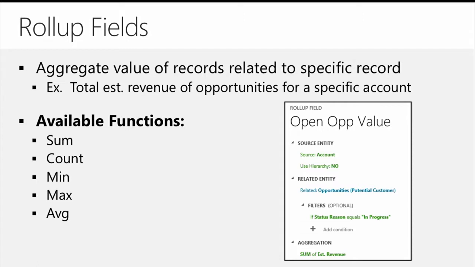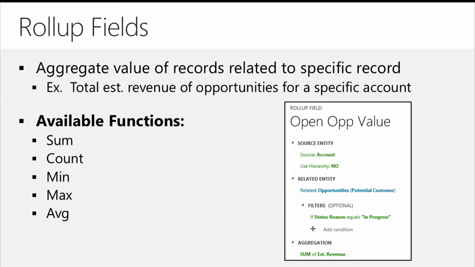So I only want to include opportunities where the status reason on those opportunities is set to in progress. So once I've determined that it is an opportunity that has been set for this specific account and the status of that opportunity is set to in progress, then I want to basically go out and do a sum on the estimated revenue for that opportunity.